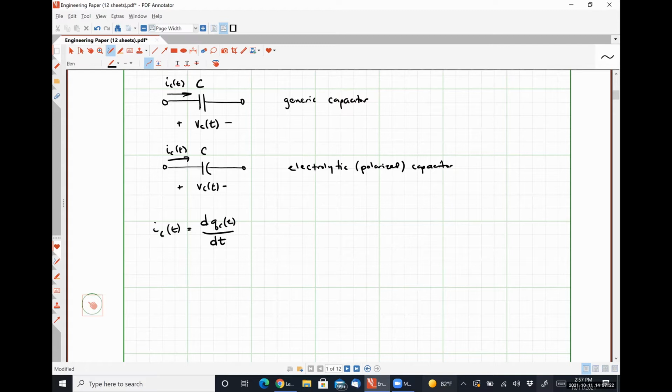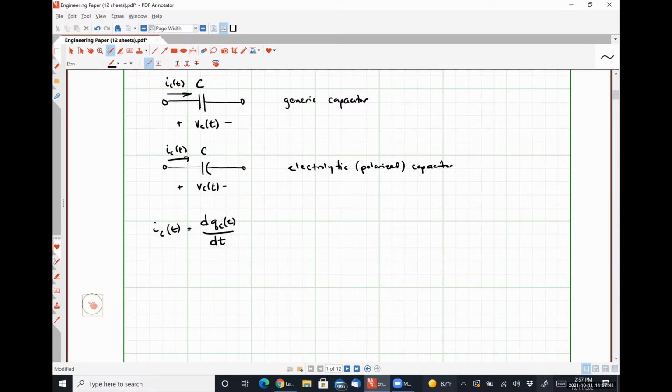All I'm doing right now is including that subscript C for current and charge because we're talking about a capacitor, but this is the exact same relationship that we talked about on our second day of class. Current is a derivative of charge with respect to time.